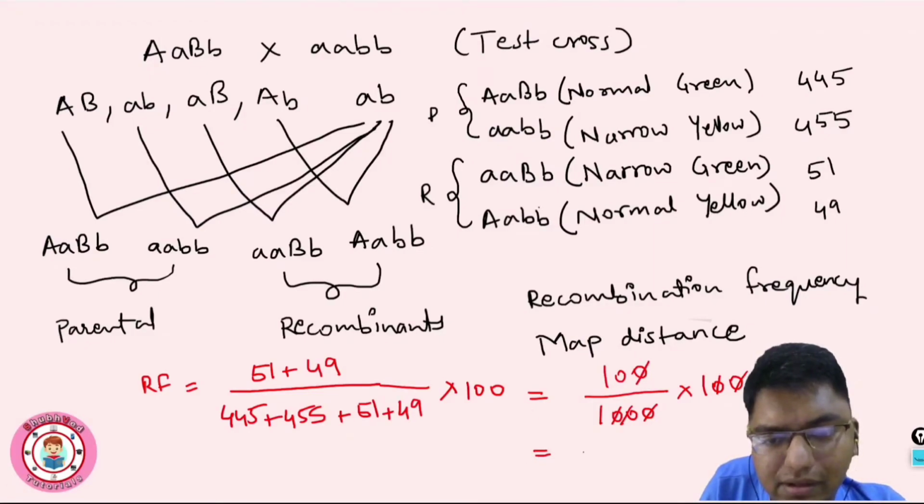Then what comes the answer? 10%, right? So this is recombination frequency, and then recombination frequency is 10%.